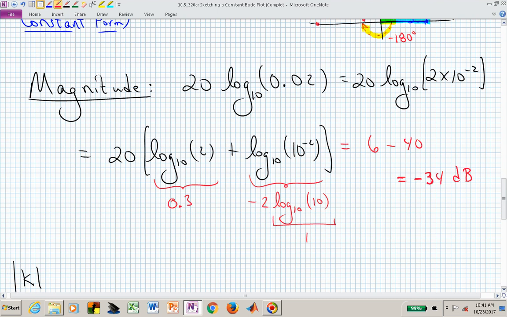And to get some insight into what's happening, you could say, well, where am I going to fall relative to minus 34 dB, or what am I in between? You can think about some bounds.